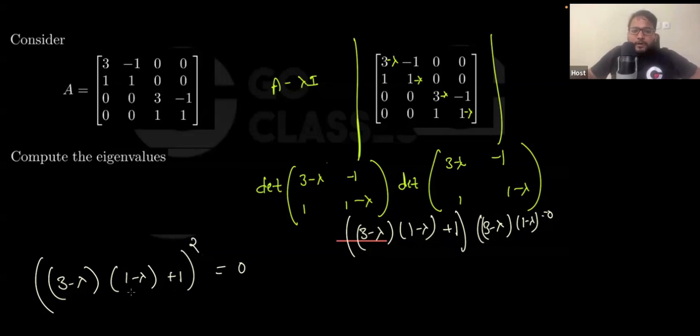Now, from here, can you solve for the values of lambda? So 3 minus lambda into 1 minus lambda plus 1 equal to 0. This will be a quadratic equation, and then you need to solve the quadratic equation, right?